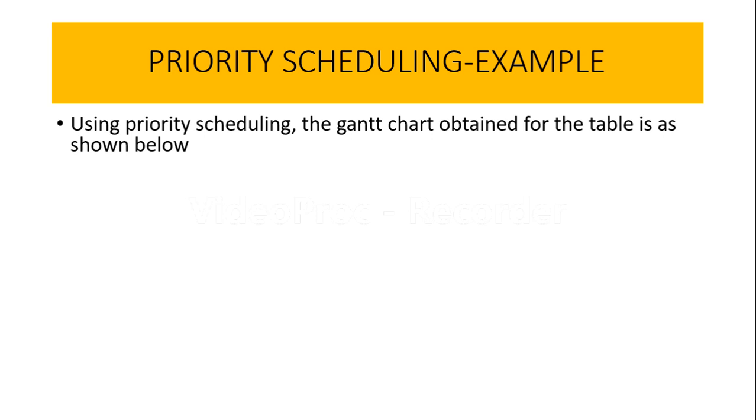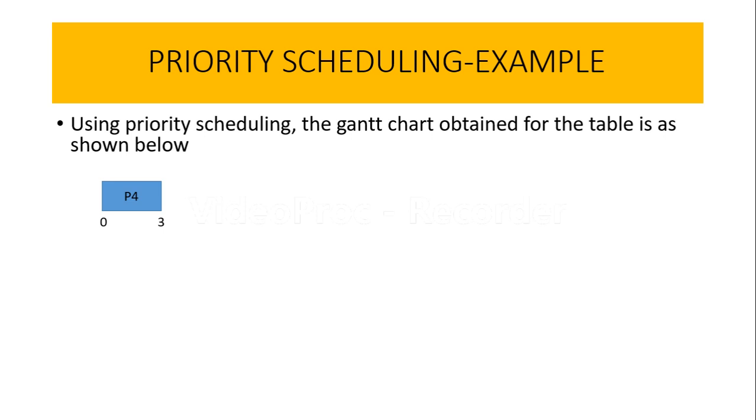So we will start with the processing of job P4 first. It starts from time 0, and the burst time for P4 was 3. So until the 3rd millisecond, the job P4 is getting executed.